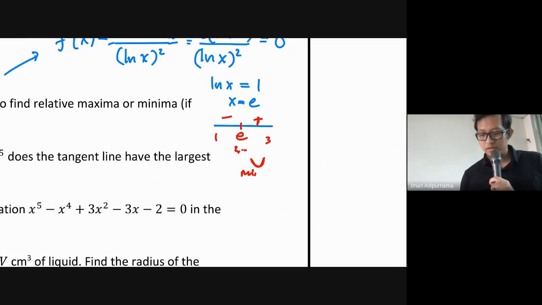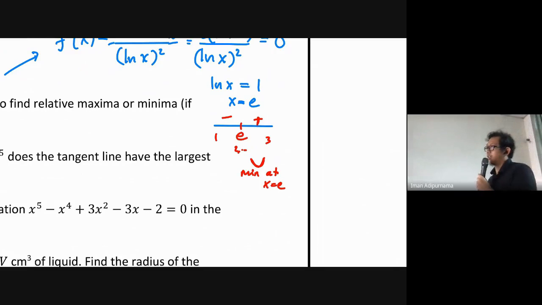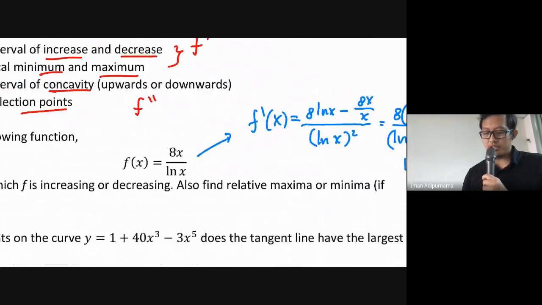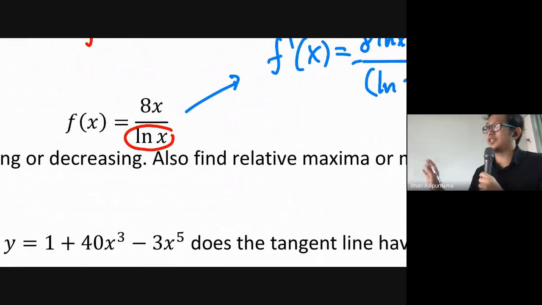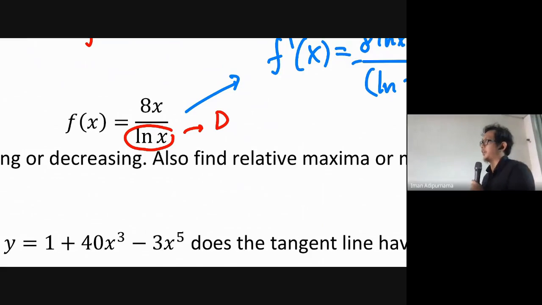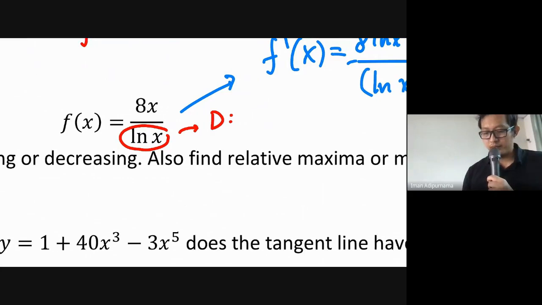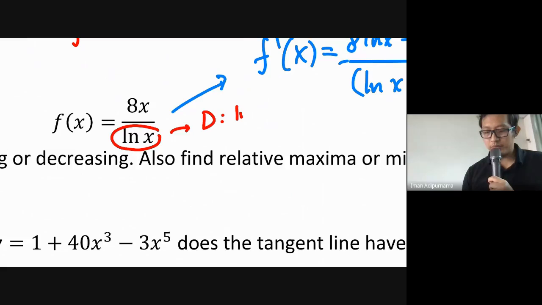Maybe you write this is minimum at x equals e, but the increasing or decreasing, because essentially you are ignoring the fact that this ln x is limiting the function. Actually, this is having some restriction on the domain, right? So you need to think about the domain first. So ln x cannot be 0, right?